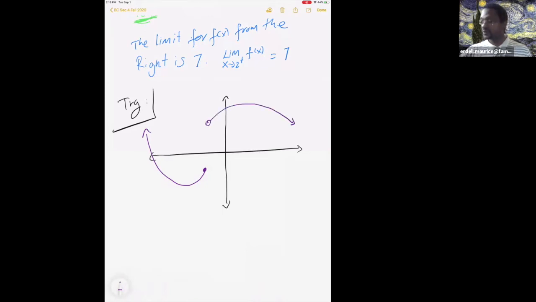This right here is -3. This right here is -2. And this right here is +4.